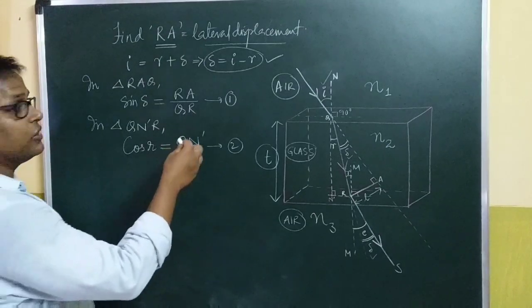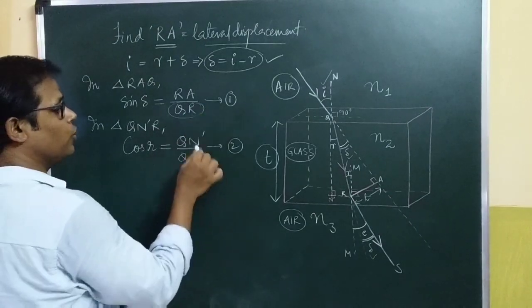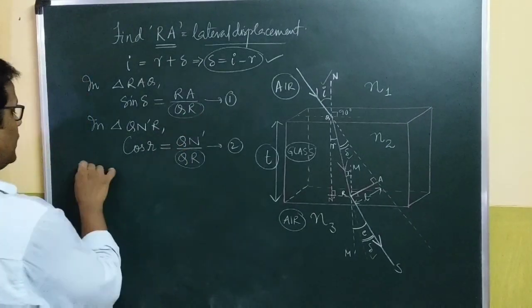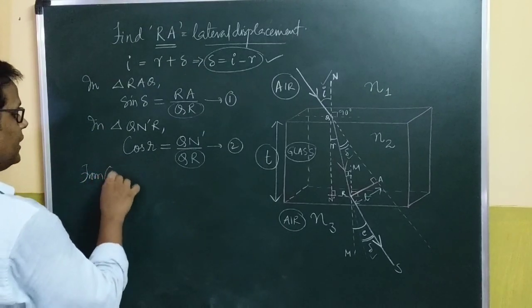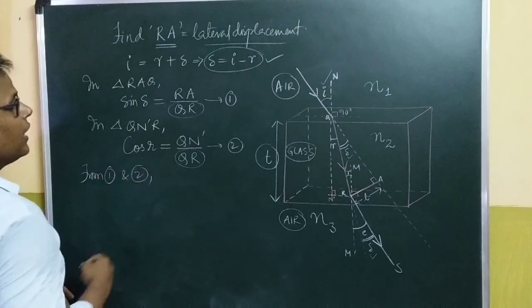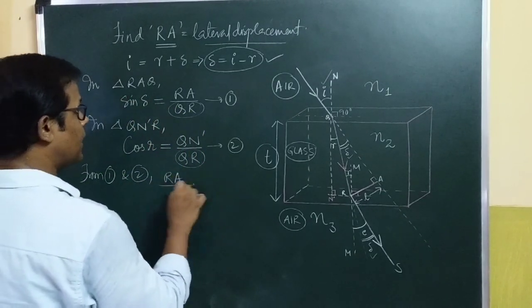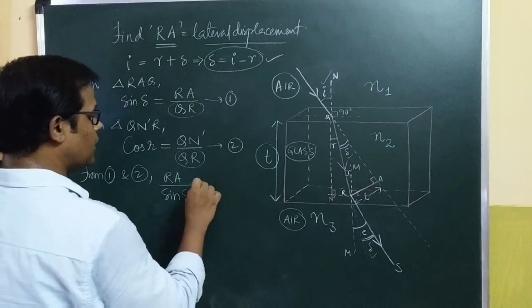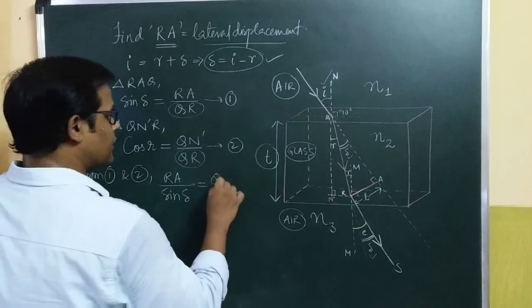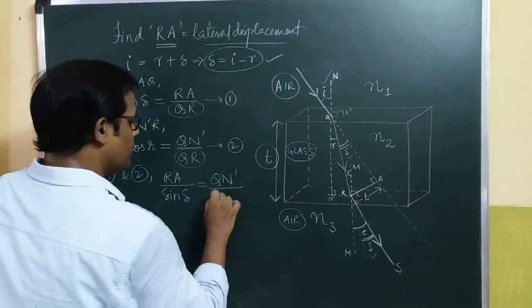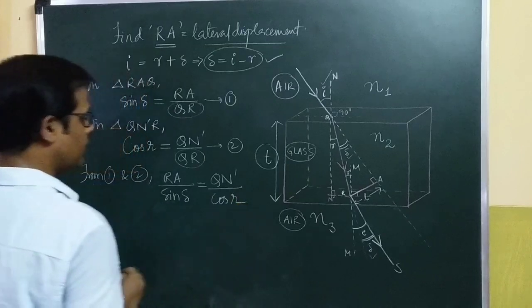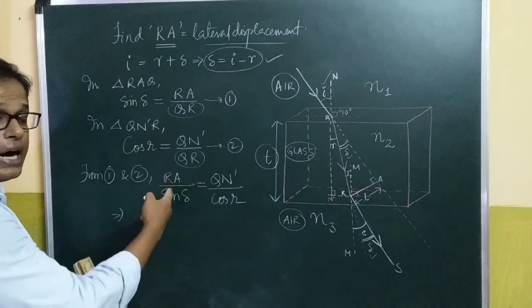So in both the cases you will see that our common factor is QR. So from 1 and 2 I can easily write QR is equal to RA by sine of delta, and this is equal to Q and prime by cosine of R. So what I wanted here is RA, okay?